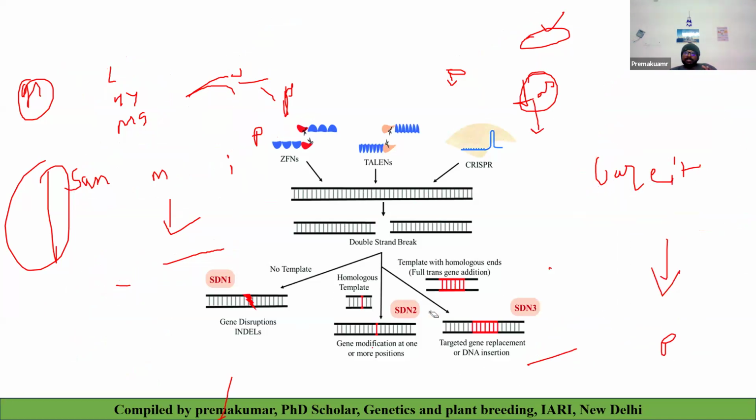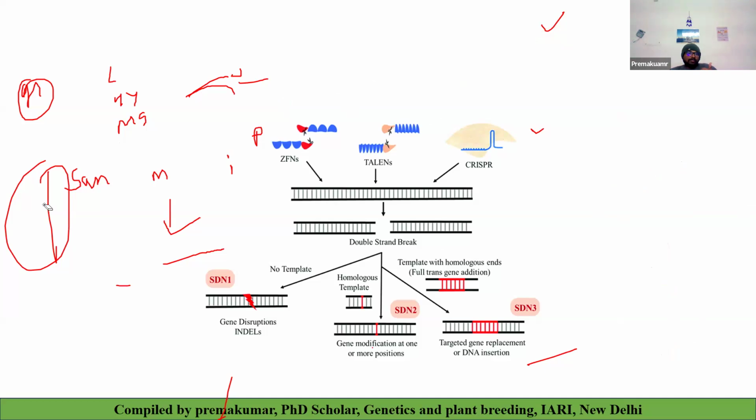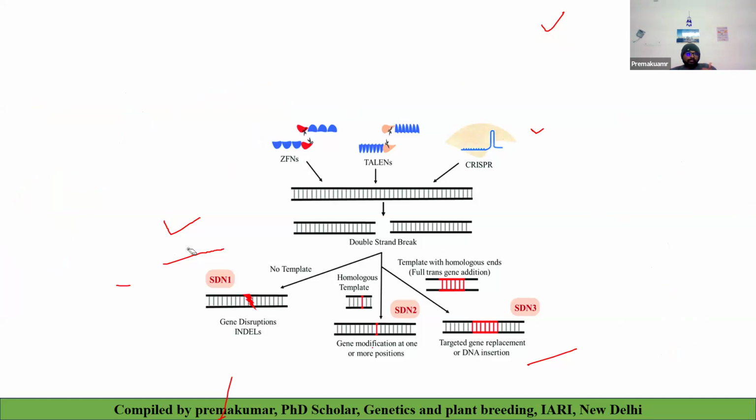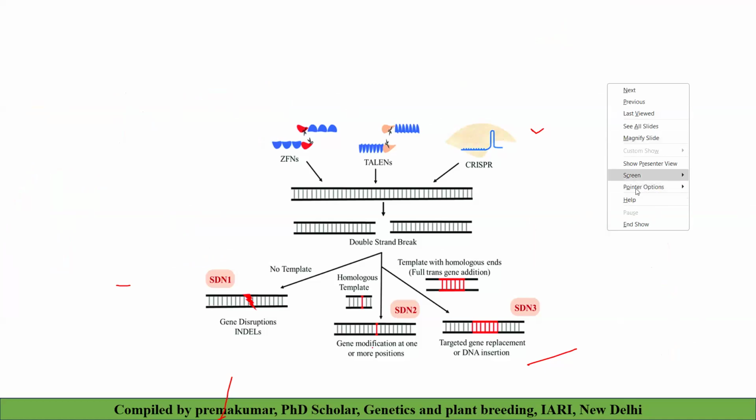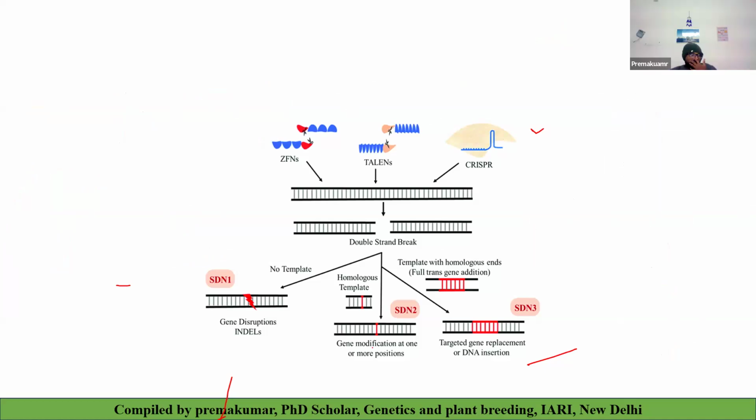The first step is selecting the variety. We need the sequence information, but before that, first you choose a variety: which variety you should edit.